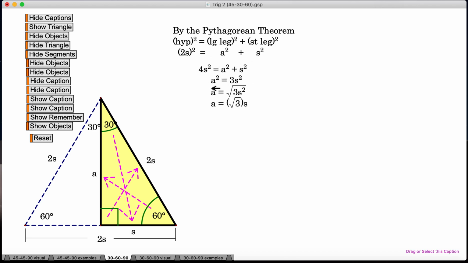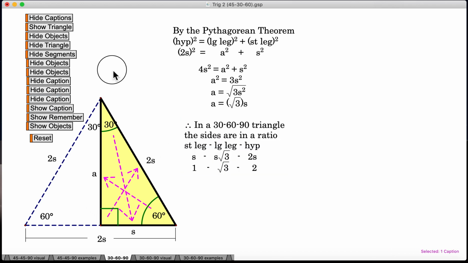If I collect my S's, A squared equals 3S squared. So A is equal to the square root, again plus and minus, there are always two solutions, always keep that in mind. So this becomes root 3 S. That's the relationship, okay?